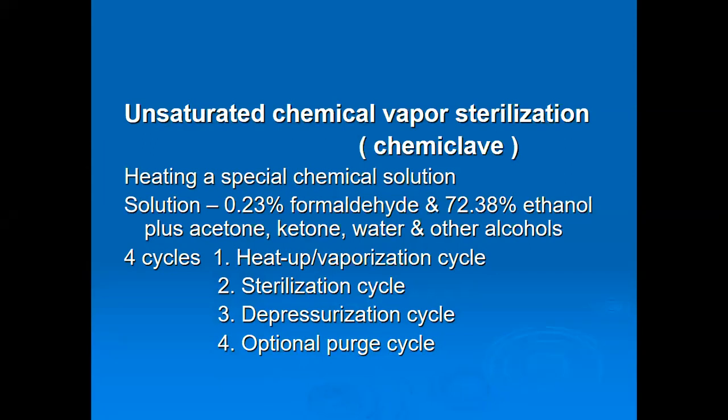You have something called chemiclave, where with the steam you use a solution like 0.23% formaldehyde and 72.38% ethanol plus acetone. Same thing happens, but instead of pure steam, there will be a chemical steam. It's called chemiclave. Again, important question.